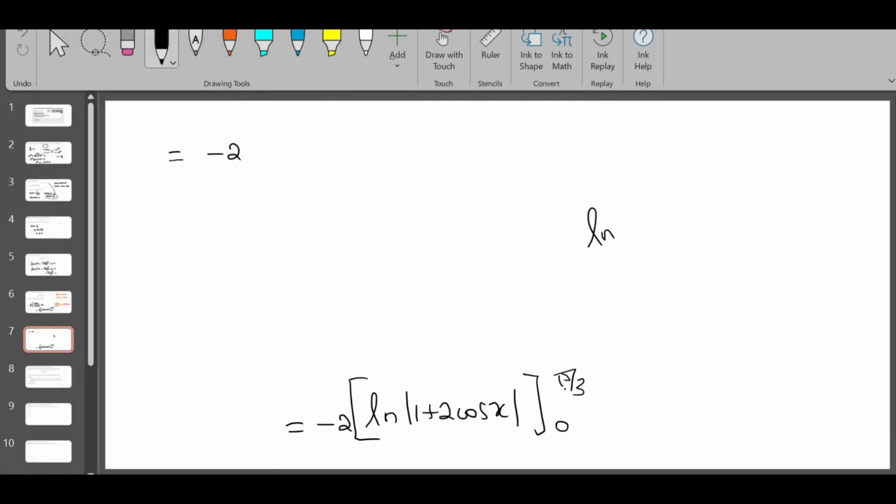So ln of 1 plus 2 times 1 over 2, that's going to be ln 2, minus, when you sub in the lower limit, 0 in the place of x, cos 0 is 1, so you are going to get ln 3.